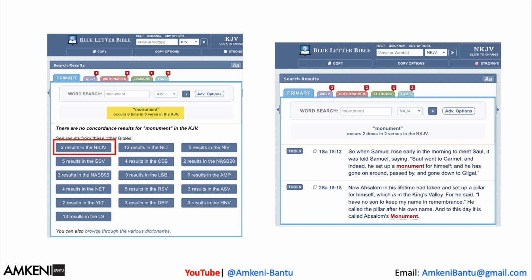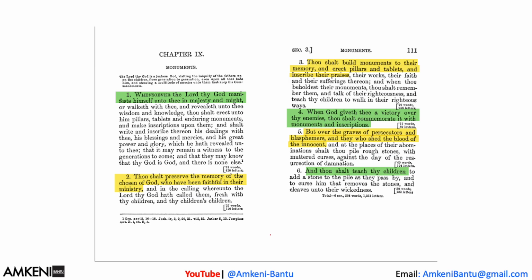So what do we see in the Book of the Law about monuments? There are 6 instructions, numbered 1 until 6. Let me introduce you to them, and then we'll get into each very quickly hereafter.